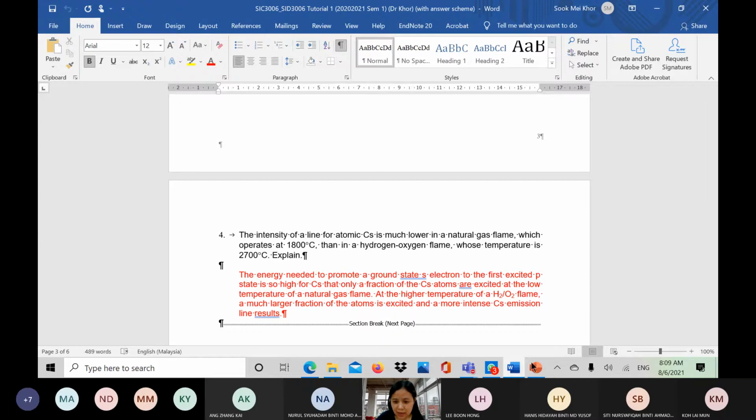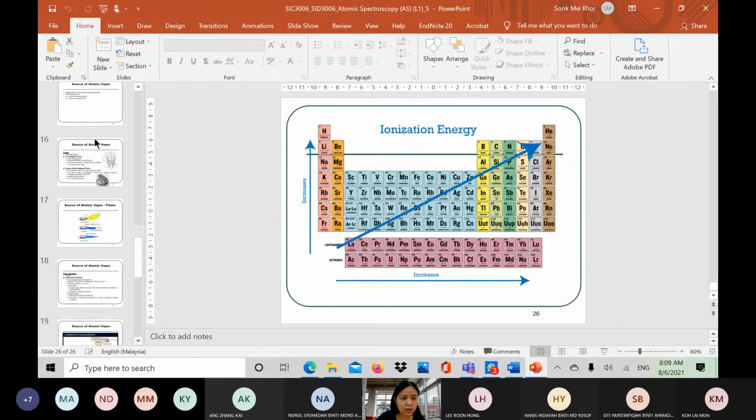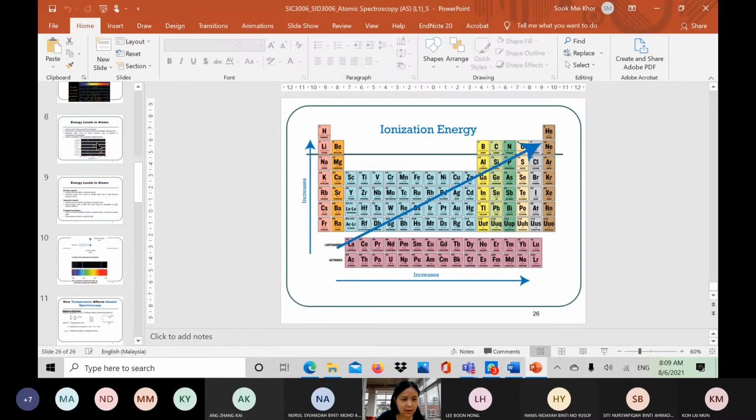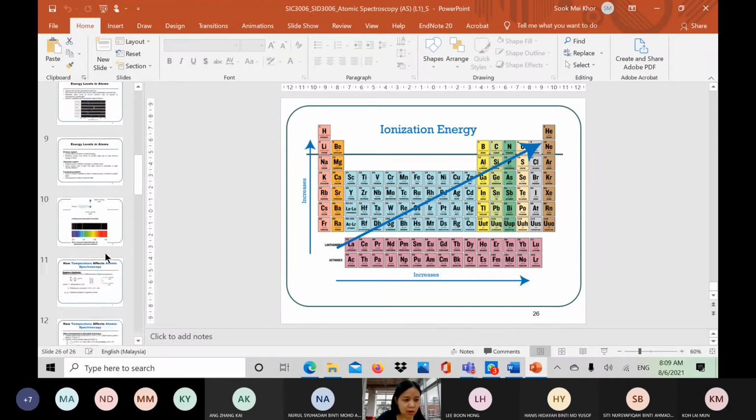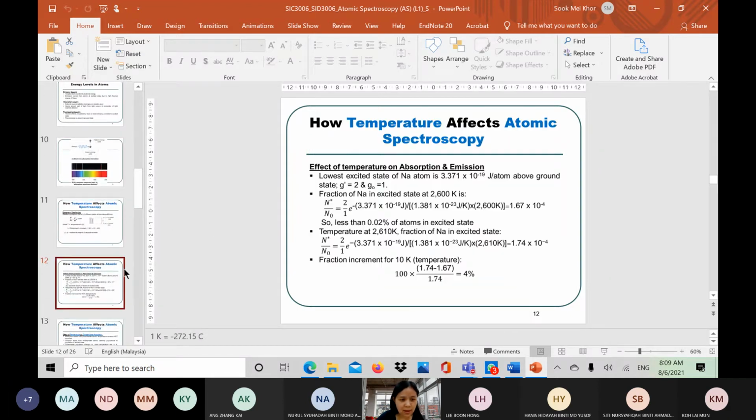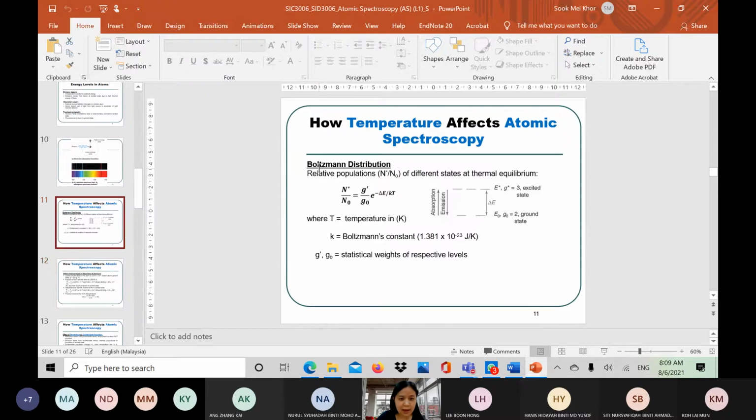If we go back to our pre-recorded lectures in the first chapter, this is the important topic you have to understand: the Boltzmann distribution, and how temperature affects atomic spectroscopy. And this is only focusing on AES, atomic emission.